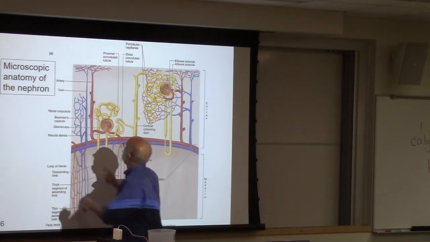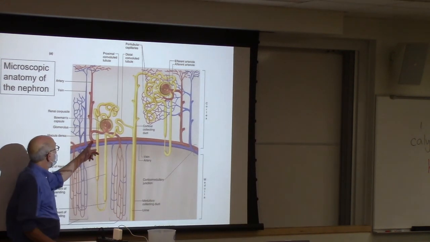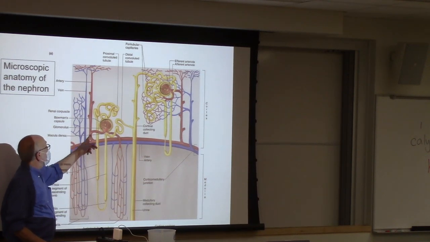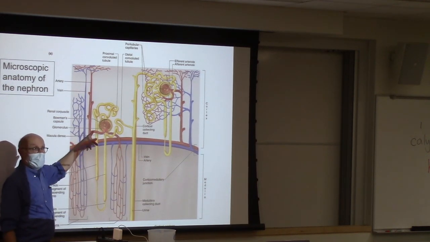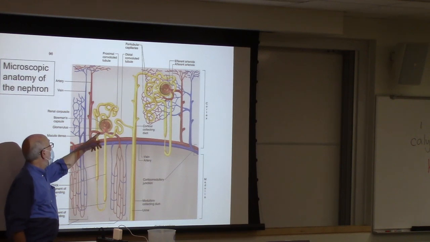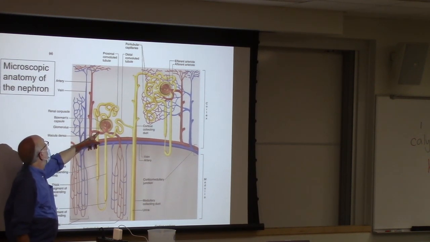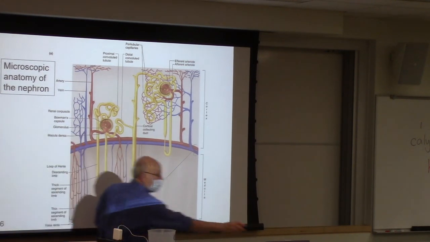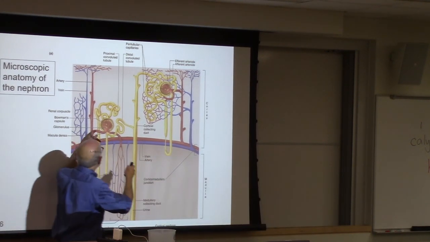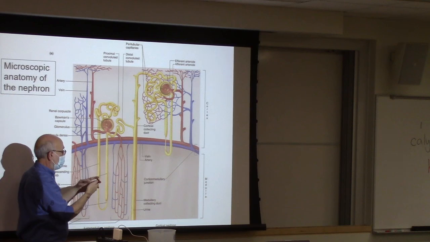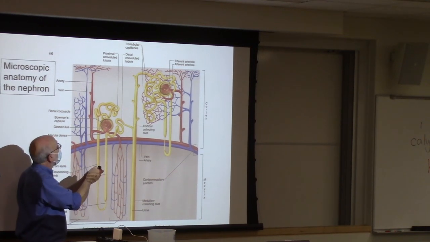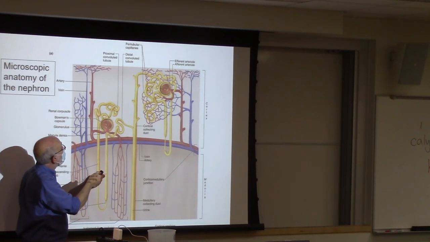And coming off of this branch of the renal artery is an arteriole. And this is called the afferent arteriole. A as in afferent. So it's labeled up there. There is the word afferent.